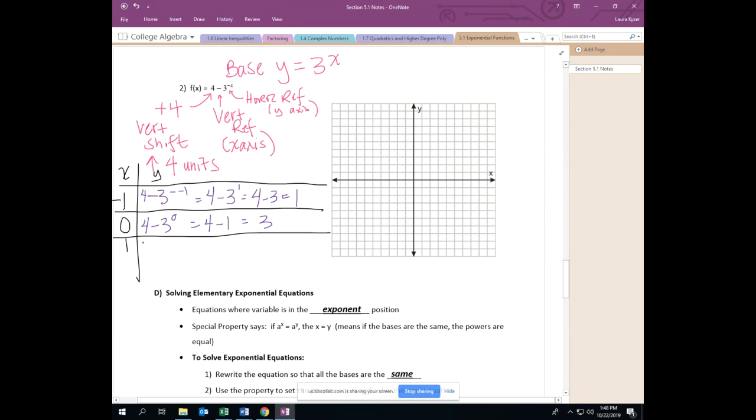Then we've got 4 minus 3 to the -1 power. And this time we are going to get a decimal because 3 to the -1 power is 0.3 repeating. So this time we get 3.6 repeating. And so we're at 1, 3, 3.6.